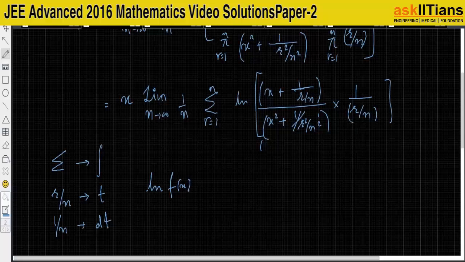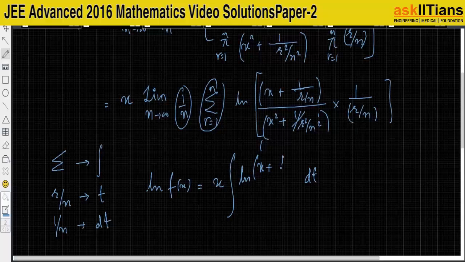So I'll get ln of fx, which was the left hand side, equal to x times, 1 by n is nothing but dt. This sigma sign will get converted to integration, and here I'll get ln of x plus 1 by t divided by x square plus 1 by t square multiplied by 1 by t. This entire thing is inside ln.